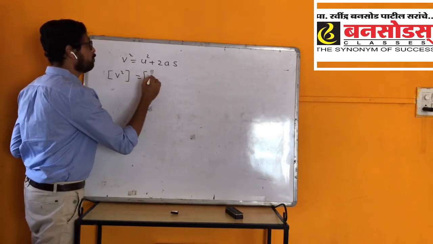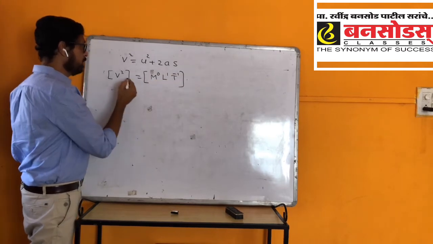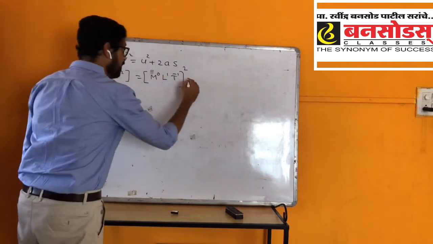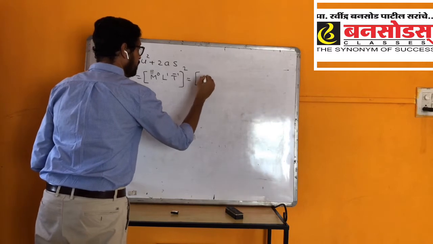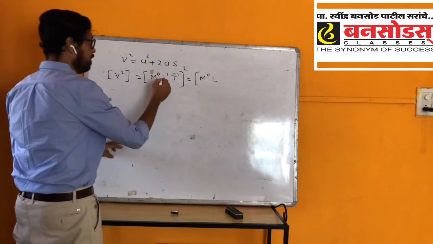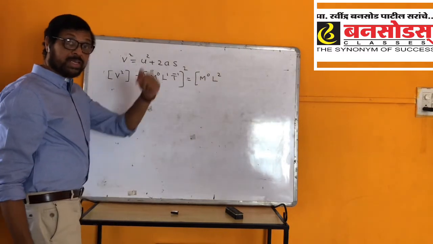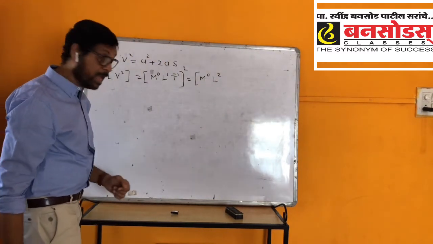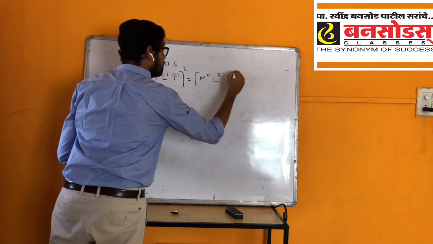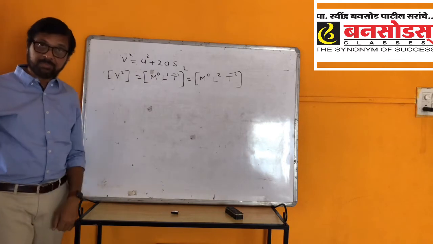So the dimensions of velocity are m0 l1 t minus 1, and for velocity square, it will be equal to m raised to 0 into 2, that is 0, l raised to 1 into 2, that is l raised to 2, because a raised to m raised to n is equal to a raised to mn, and t raised to minus 1 into 2, that is minus 2. So these are the dimensions of the first term.